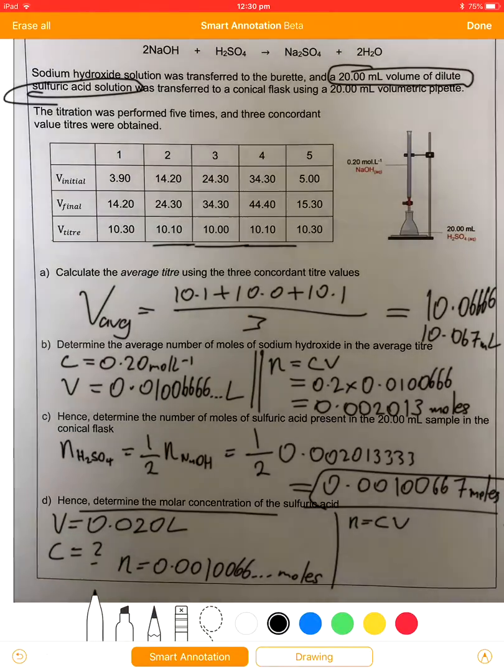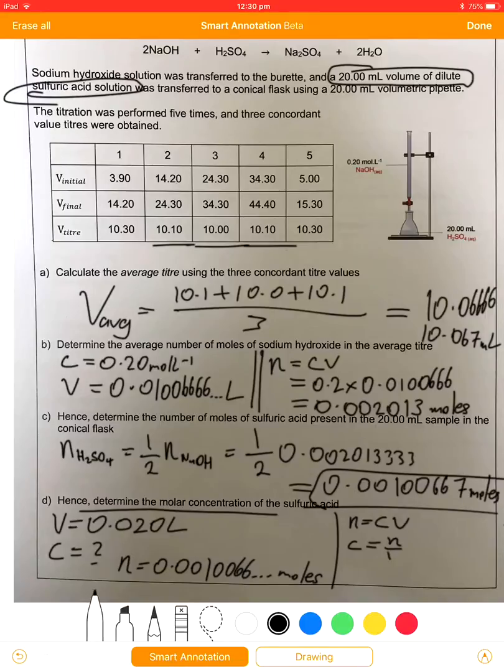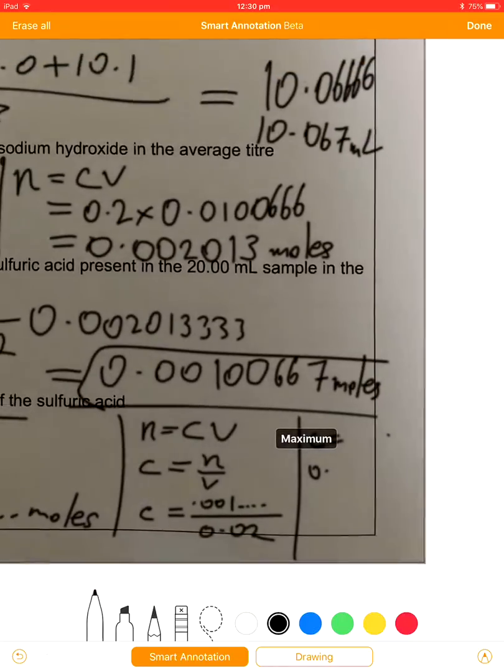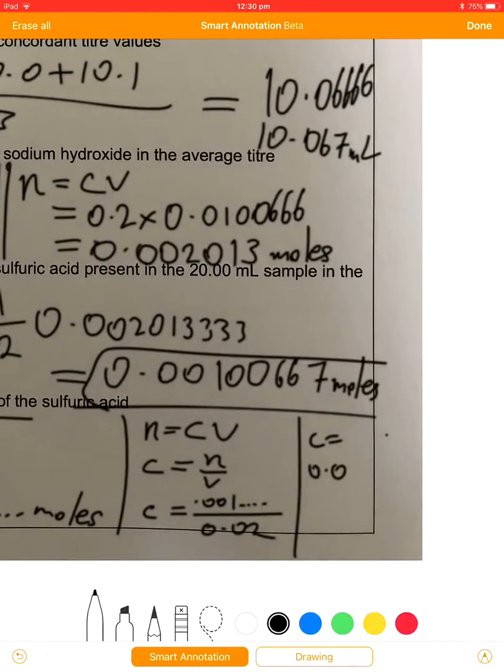Therefore, if n equals CV, C equals n divided by V, so C equals 0.001... divided by 0.02. Therefore, C is going to be equal to 0.05033 moles per litre.